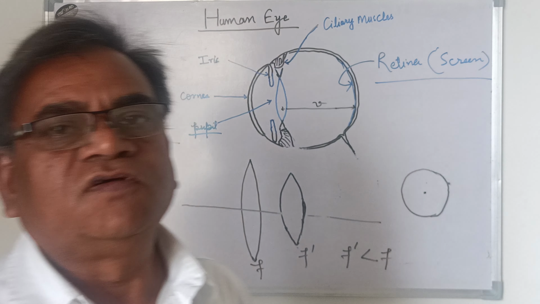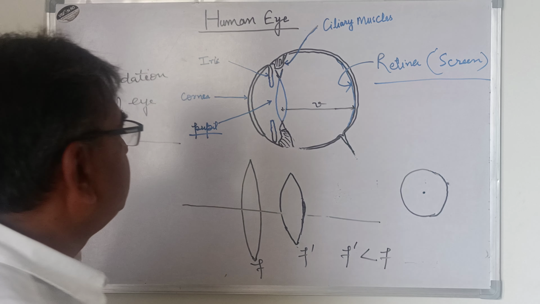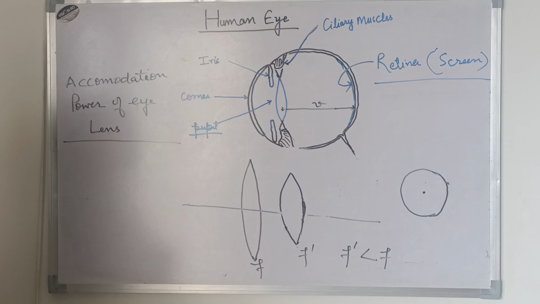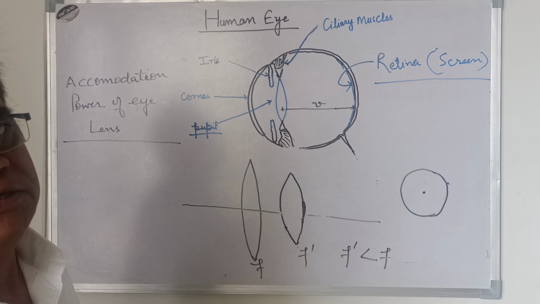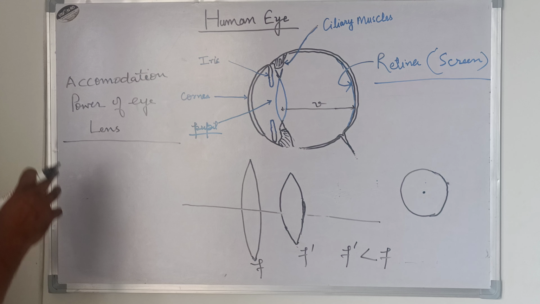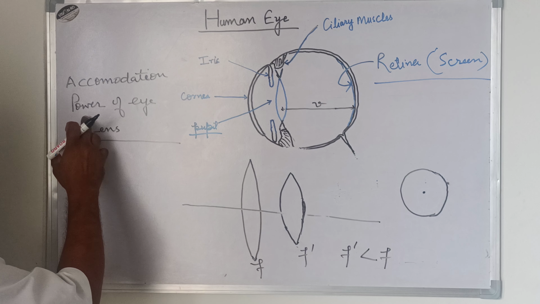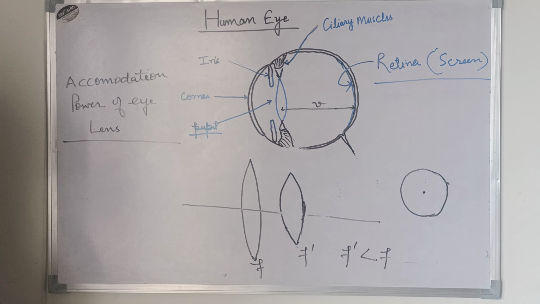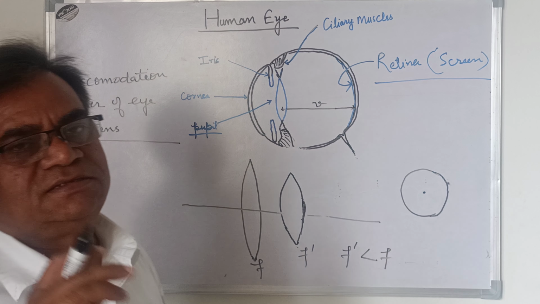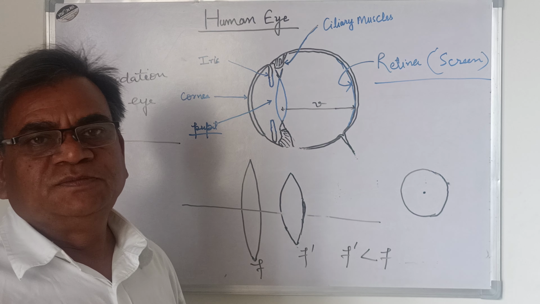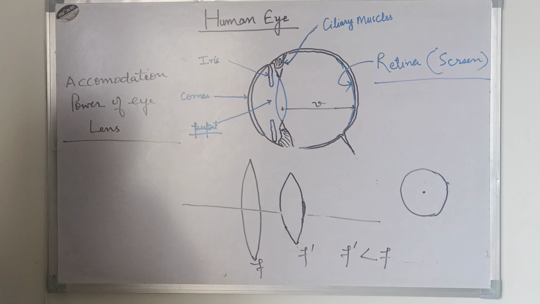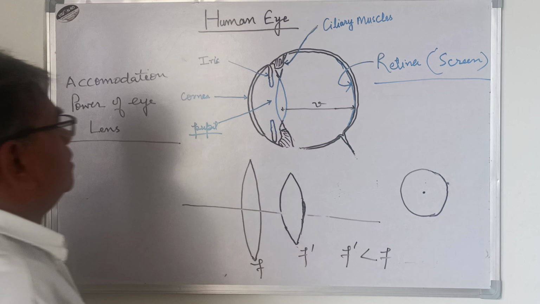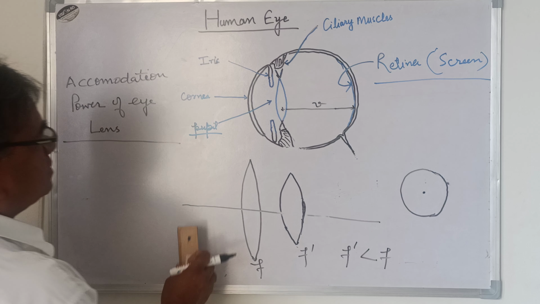The ability of the eye lens to change its shape and focus as per its requirement is called the accommodation power of the eye lens. It adjusts its focal length. When it becomes thick, the focal length becomes less. When it becomes thin, the focal length becomes larger as per requirement. Clear?